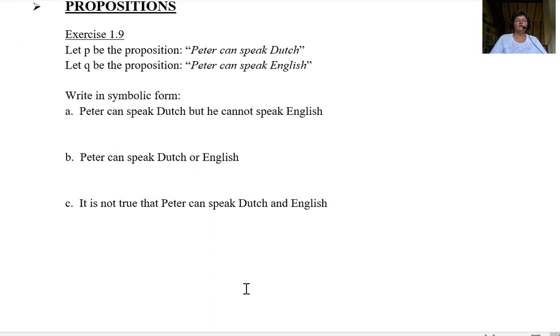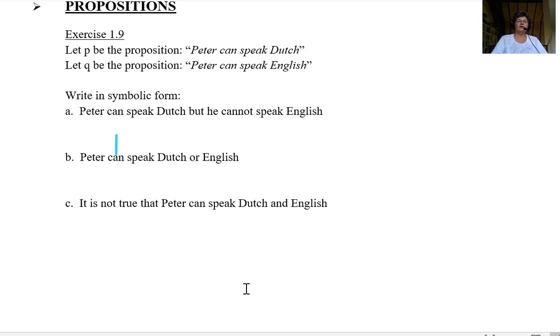Then for the logic part, we have P being the proposition, Peter can speak Dutch, and Q is the proposition, Peter can speak English. They want us to write down in a mathematical way, Peter can speak Dutch, but he cannot speak English.